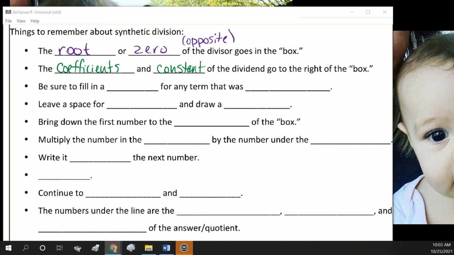Now this stuff is important. Be sure to fill in a 0 for any term that was skipped. And just because of the way synthetic division works, if you don't do that, you are doing the wrong problem. Right, then we're going to leave a space for some numbers that we're going to write in a second, and then draw a line.